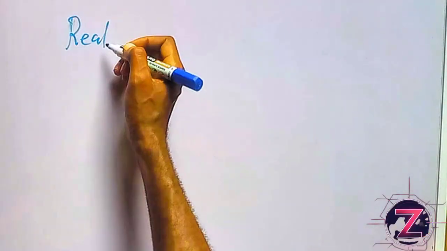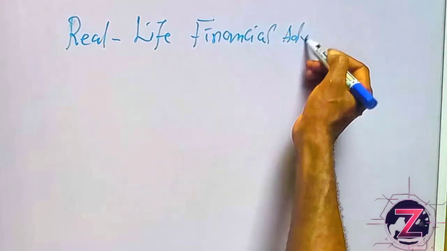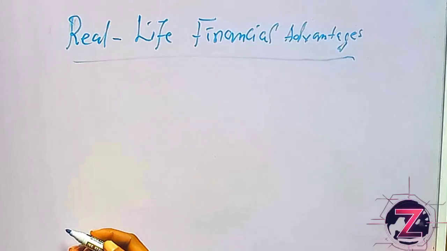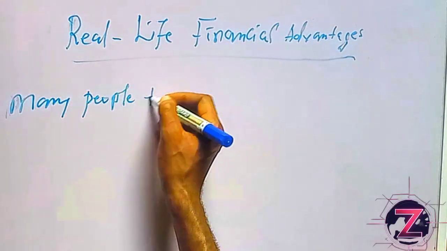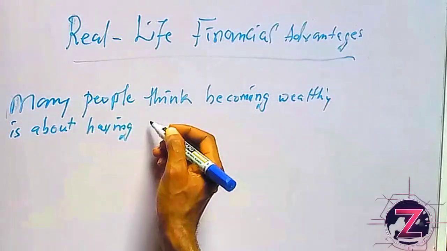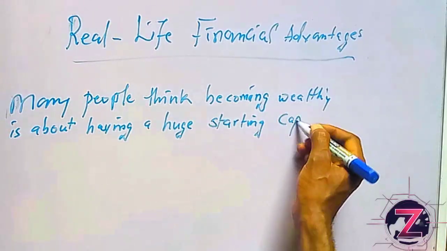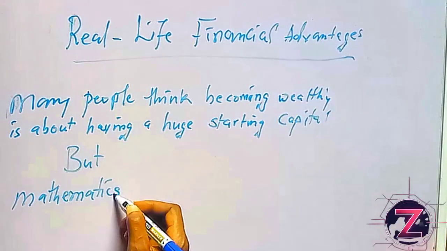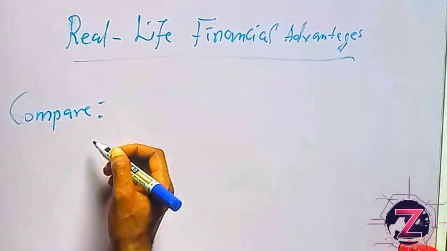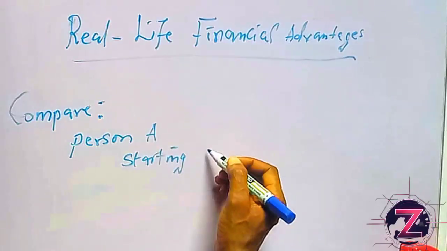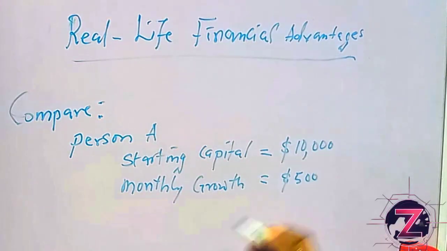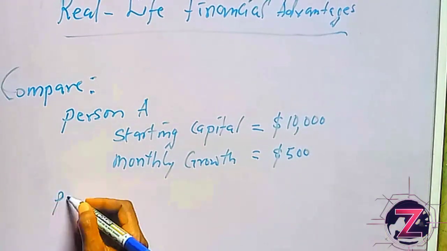Now, real life financial advantage. Many people think becoming wealthy is about having a huge starting capital, but mathematics shows something different. Compare person A with starting capital 10,000, but monthly growth being $50, whereas person B had a starting capital of $1,000 and a monthly growth of $500.